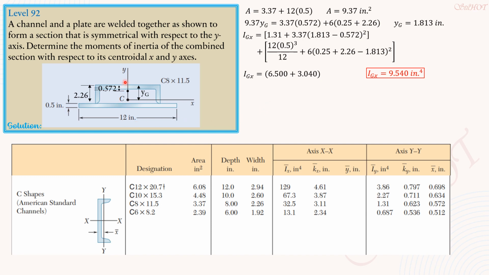So Igy is equal to Ix of the channel, 32.5, plus 12 cubed times 0.5 over 12. So Igy is equal to 104.5 inches to the fourth.